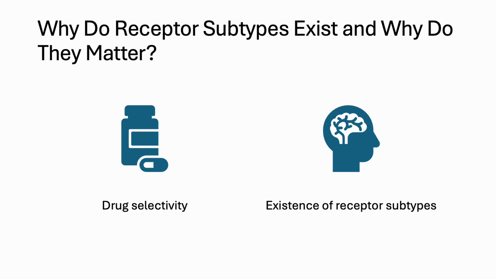So, for instance, we can target the cholinergic receptors of the neuromuscular junction without altering the activity of the cholinergic receptors found in the autonomic ganglia that target the other organs of the parasympathetic nervous system.